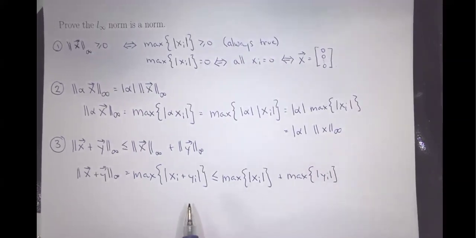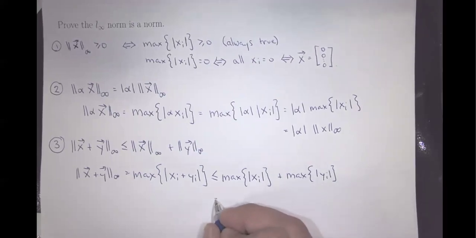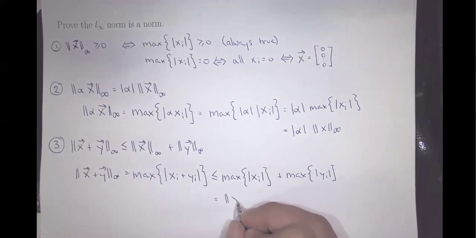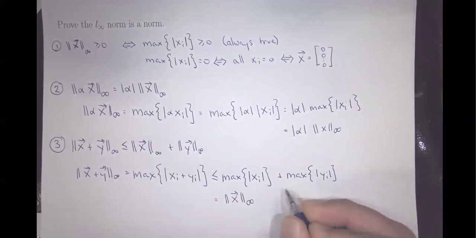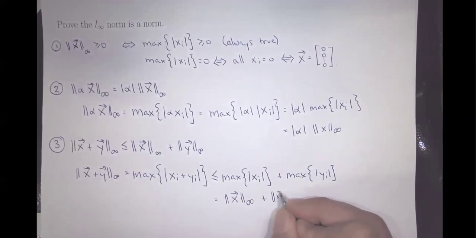That is, if I looked at x plus y, and I looked at the largest component in that sum, it would be less than or equal to the largest component in x plus the largest component in y. In fact, they're only equal when vector x and vector y have their largest component in the same spot. So we're less than the max of x plus max of y, which is the infinity norm for x plus the infinity norm for y.